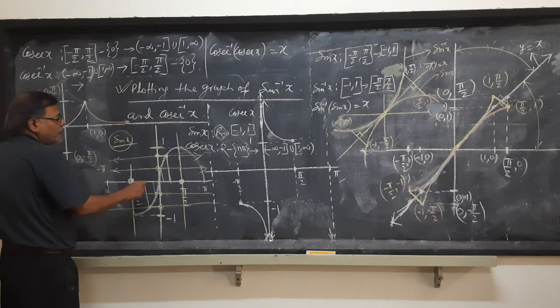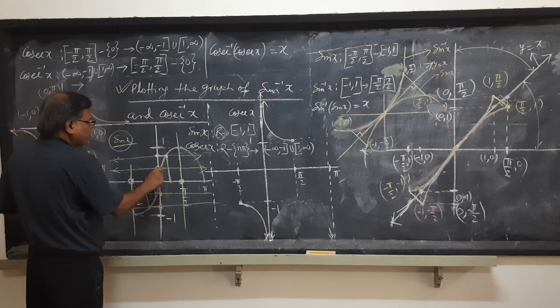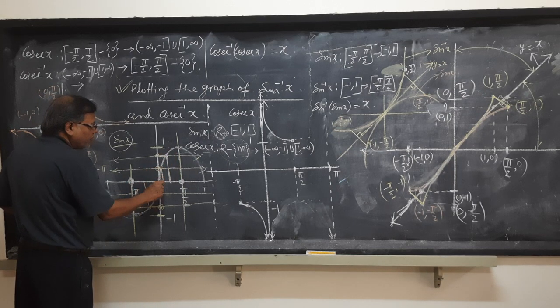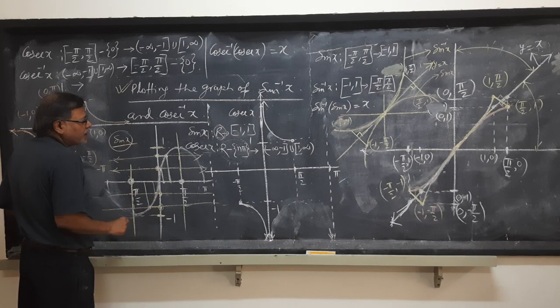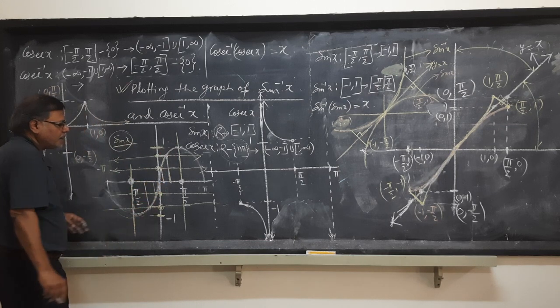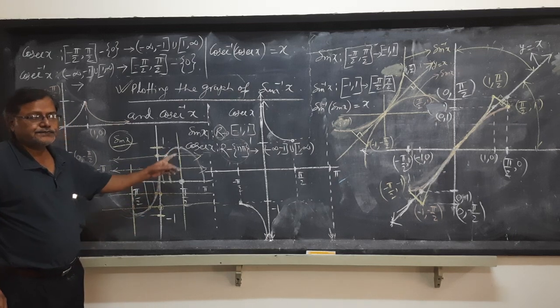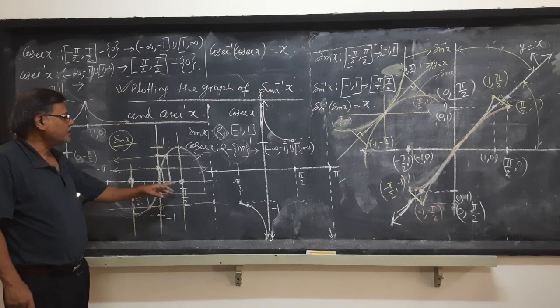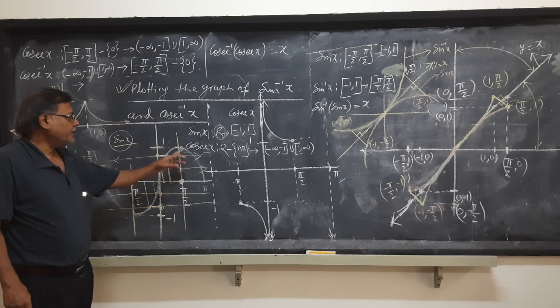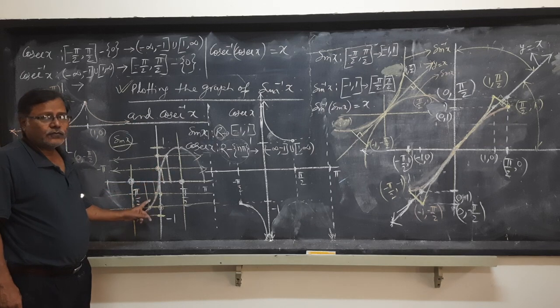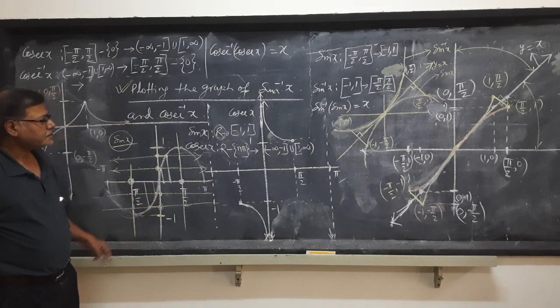Similarly, if I consider this point where the parallel line intersects this curve, then one value of x and one value of y. So in a nutshell, if we restrict the domain from -pi/2 to pi/2, then the sine function is converted into a 1-1 onto function.